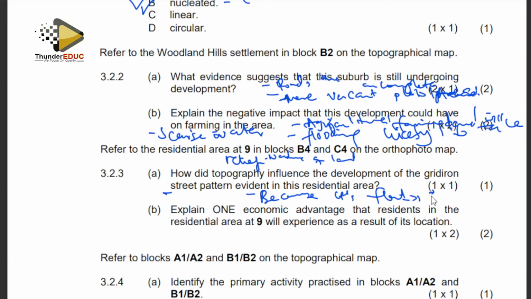Also, it being flat, it is easy for the streets to be properly constructed. Remember, for the grid street pattern to take place, the gradient must be flat, so that you can have one way going this side, one way coming the other side, or two ways going and coming back. So you can easily construct the junctions within the road because of that nature of the land, which is flat.